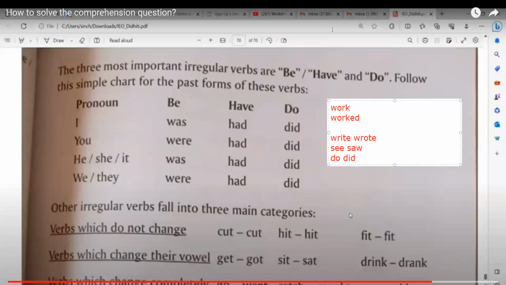Very good, excellent. Udit, that's correct. Udit, can you give me an example with they and were, beta? Yes, it's correct.